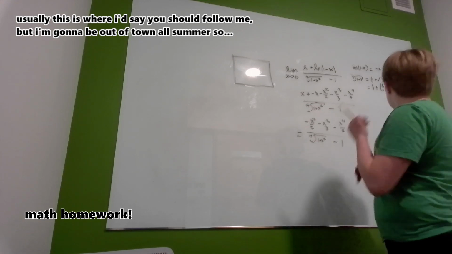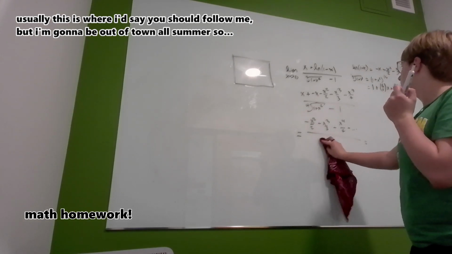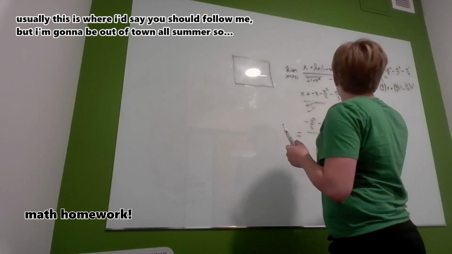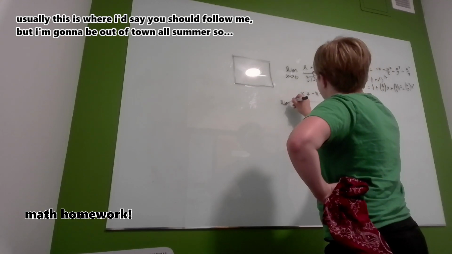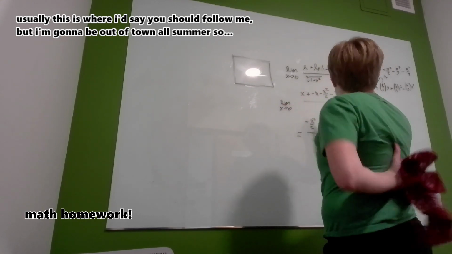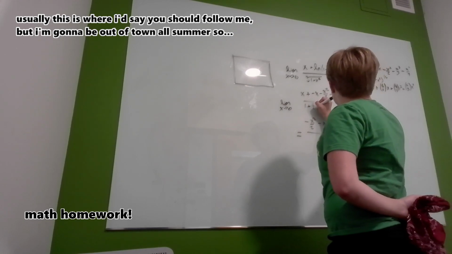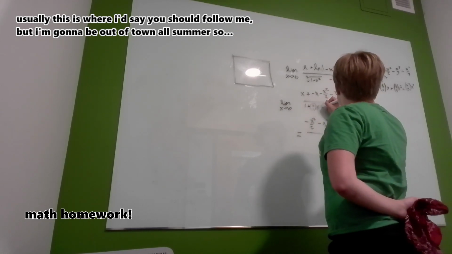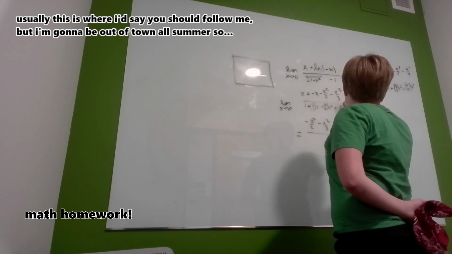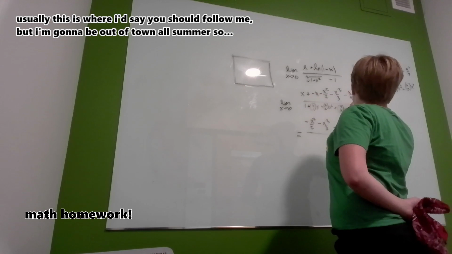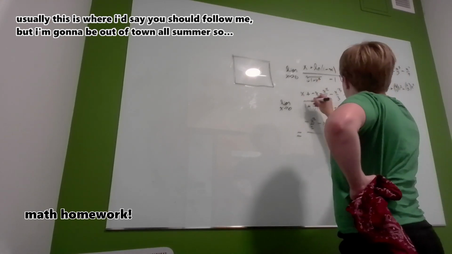I can rewrite this. I'll write this out as 1 plus 1/4 choose 1 x plus 1/4 choose 2 x squared plus 1/4 choose 3 x cubed, minus 1.